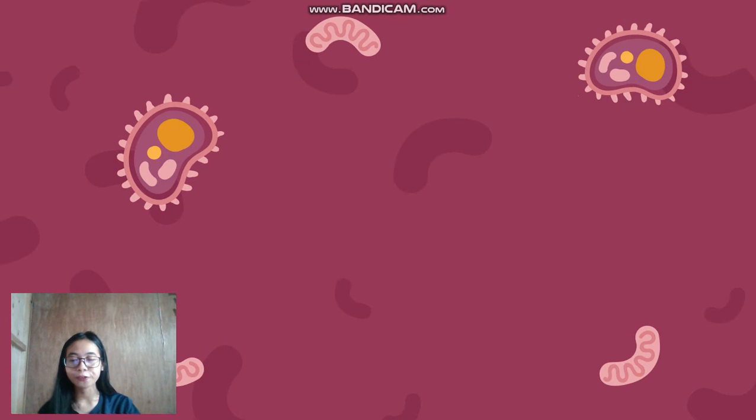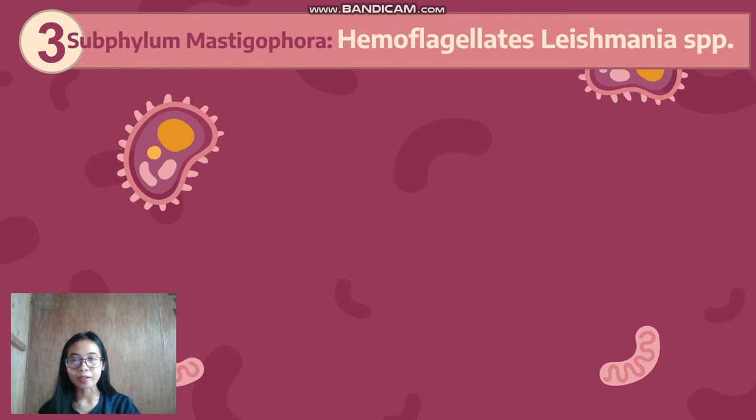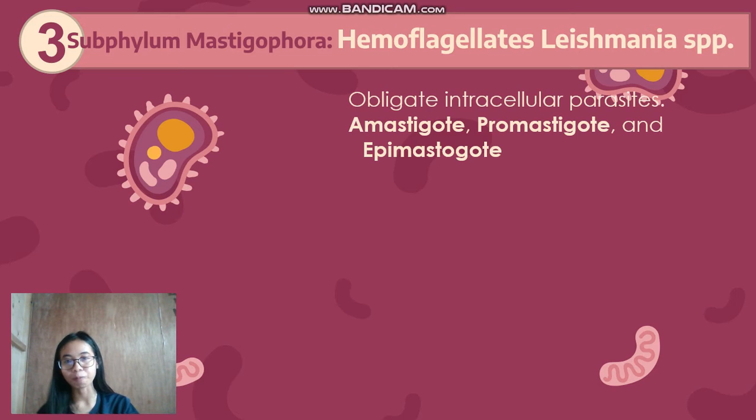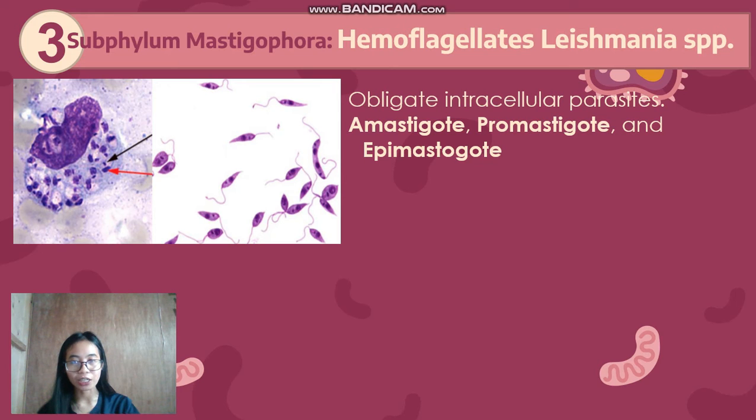So now we move to subphylum Mastigophora, hemoflagellates, Leishmania spp. These are obligate intracellular parasites and have three morphologic forms. These are amastigote, promastigote, and epimastigote.